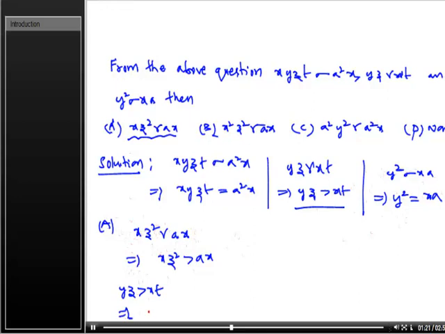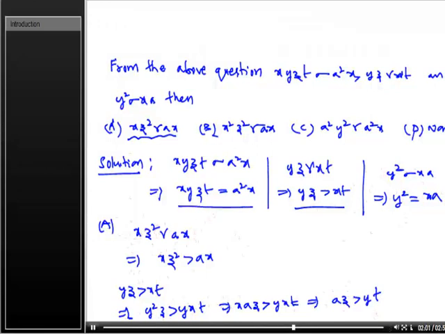That implies Y square Z greater than YXT, that is, multiplying both sides by Y. This implies XAZ greater than YXT. This still implies AZ, meaning X gets cancelled, AZ greater than YT. This implies YT greater than AZ. Sorry, YT is less than AZ.